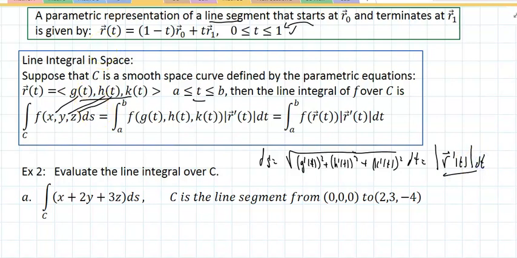So this ds right there is actually the magnitude of r prime of t dt. And they really like this notation. Instead of saying substitute the i for the x, the j for the y, and the k for the z, they say, why don't you just evaluate the function f at this vector?